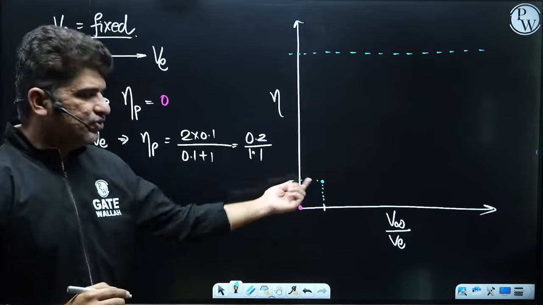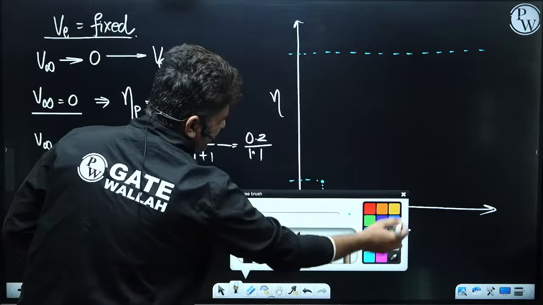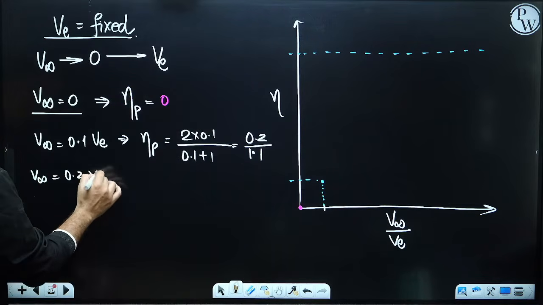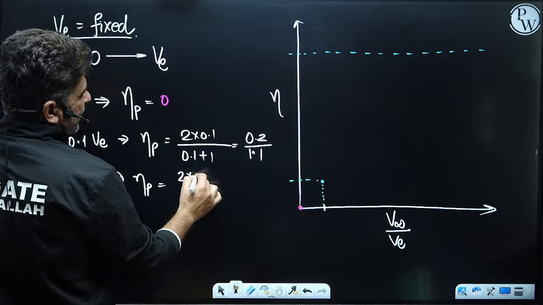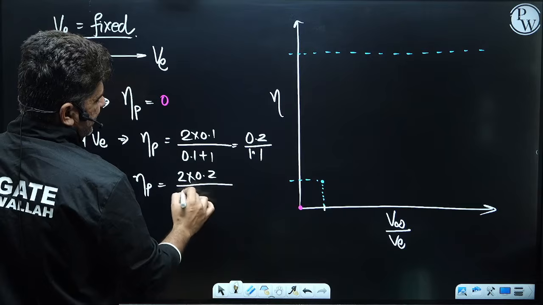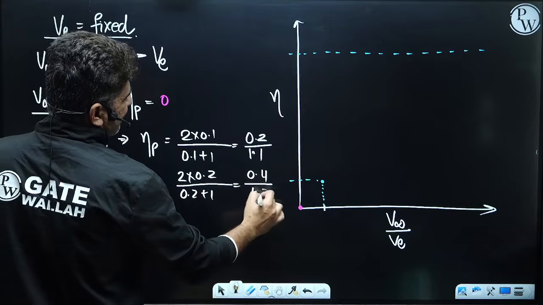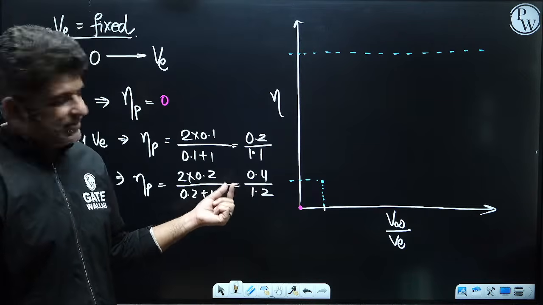At 0.1, efficiency is about 20%. Now let's go to the case where V infinity is equal to 0.2 V exit. The propulsive efficiency will be 2 multiplied by 0.2 divided by 0.2 plus 1, that is 0.4 divided by 1.2. You see, this efficiency will be around 33%.